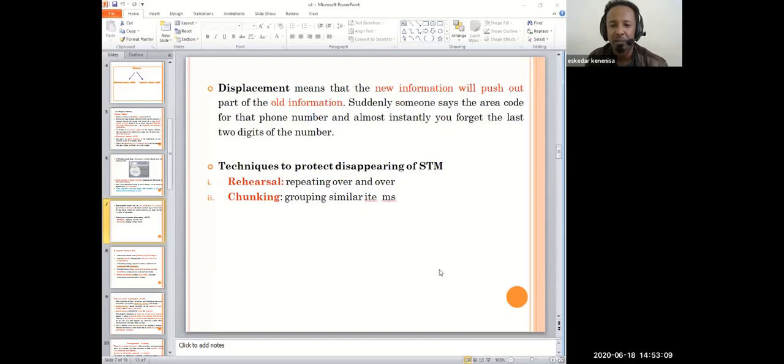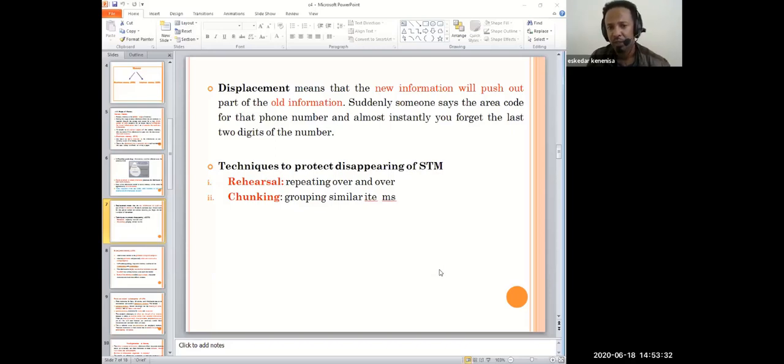By associating numbers with things we know, we can hold them. It's not only this. When we ask somebody his name, when he tells us his name, we don't want to forget it. If his name is Kedus, you say, oh, my cousin's name is Kedus.